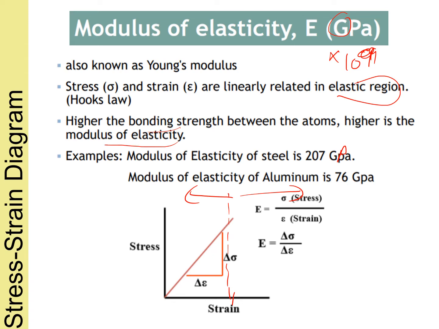So what we can summarize from here is that the modulus of elasticity of steel is about 3 times that of aluminium.